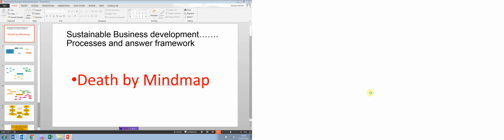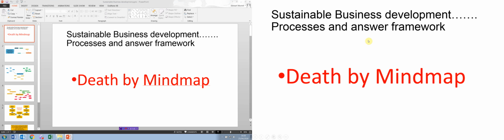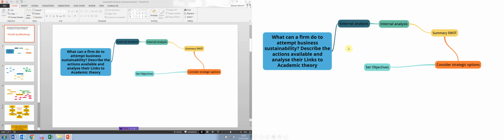And as we already discussed, it was lots of little mind maps, but I'm not going to make any apology for that because it's a good way for you to visualise what the component parts of the answer are. I'll just wait for that to load. So this is relatively similar to the question you might expect.